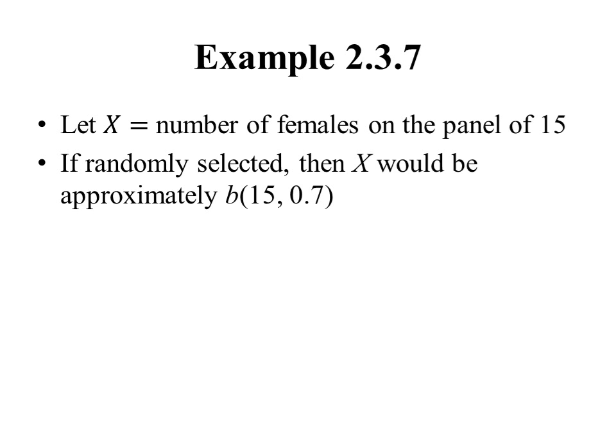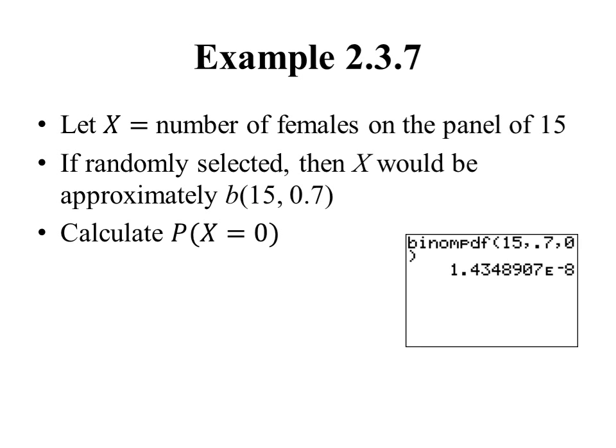So as an example of this, let's look back at this example 237, where our random variable x is the number of females on the panel of 15, and then if randomly selected, this random variable x would be approximately binomial distributed with n equal 15 and p equals 0.7.